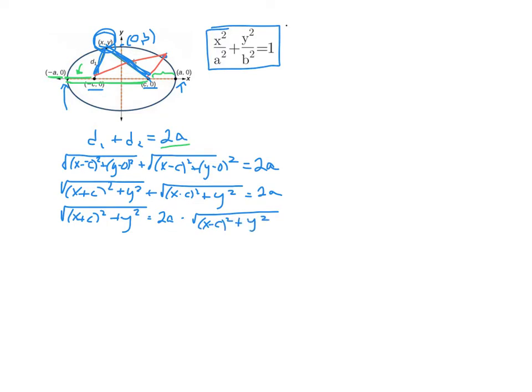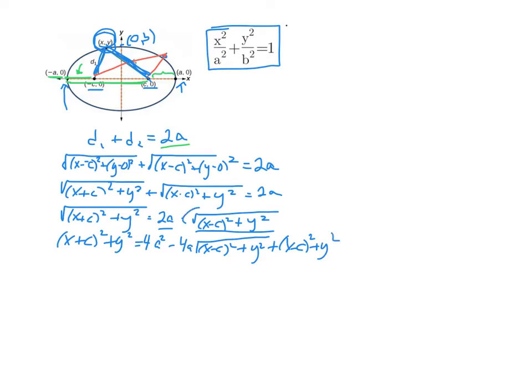Now when I square both sides, I get (x plus c) squared plus y squared is equal to, remember we treat these two terms as a binomial, so when we square the binomial, we get 4a squared minus 2 times 2a times that radical expression plus (x minus c) squared plus y squared. So that's this second radical squared.